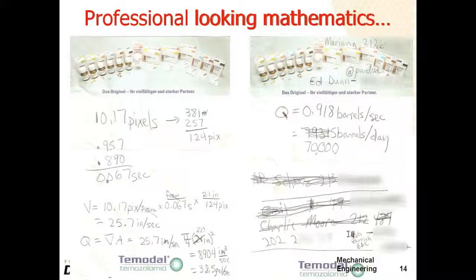Here's the conversion from pixels to real space, and here's the time between frames, and you multiply the average speed of the jet times the cross-sectional area, just the area of the pipe, and you get the flow rate. So I calculated the flow rate in inches cubed per second, and then I just have to do a units conversion, which is over here somewhere. Yeah, here's the units conversion to barrels per day.